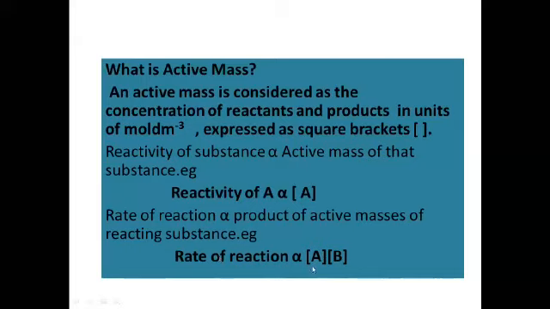It means if we have more reactants, then the reaction will proceed with a greater speed, and it will give us more product. So these are the two parts of the law of mass action. The first part is that the reactivity of a substance is proportional to the active mass of that substance, and the rate of reaction is proportional to the product of active masses of the reacting substances.